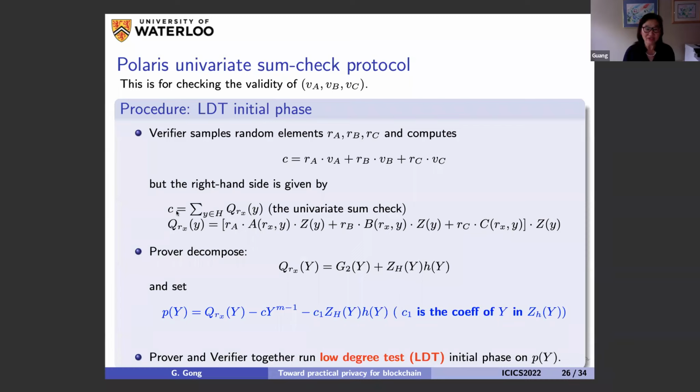So you check whether it equals C. Then this polynomial QX is basically the polynomial we encountered before. However, we do not directly do this one, QXY, instead. We use Lagrange interpolation to decrease the degree of QX. Now we get this PX. This is where we use the low degree test to test the degree of this PX.